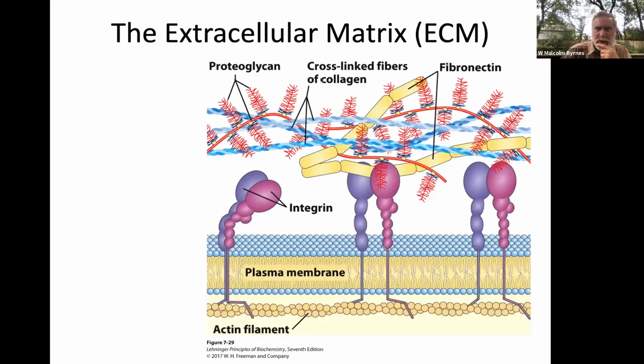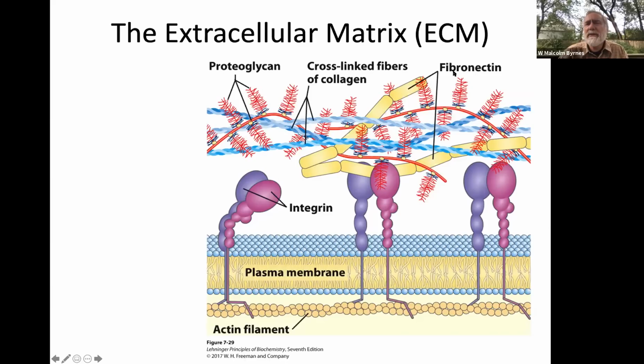Makes sense, right? And then the extracellular matrix of proteins inside tissues contains this proteoglycan component shown here. We just saw it, there it is. But also present are cross-linked fibers of collagen, that's type 4 collagen that we saw earlier.